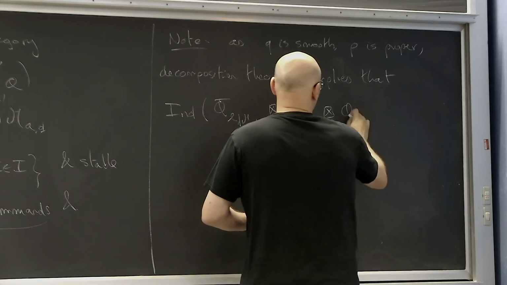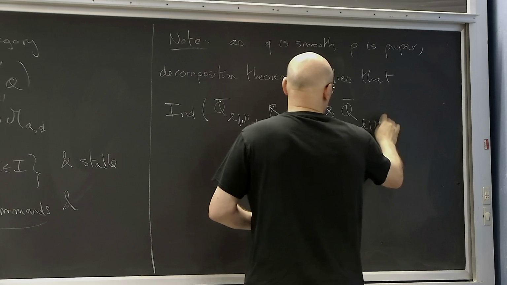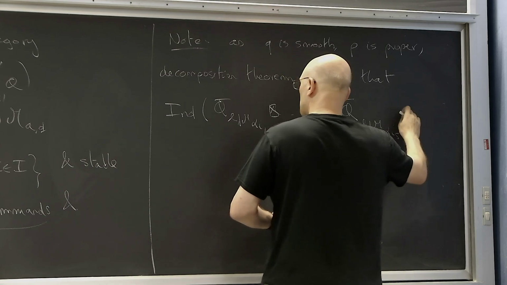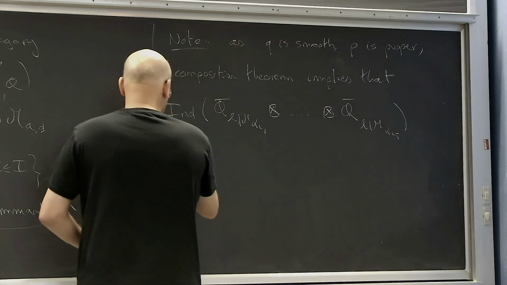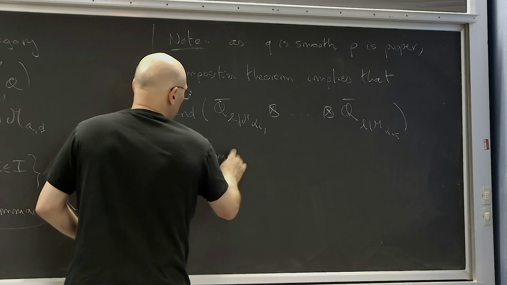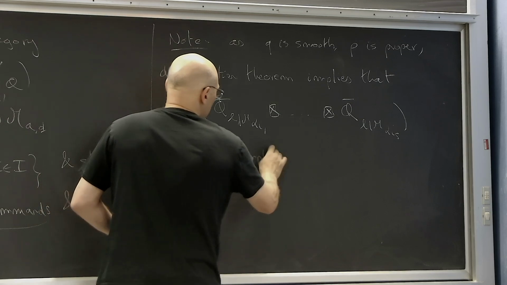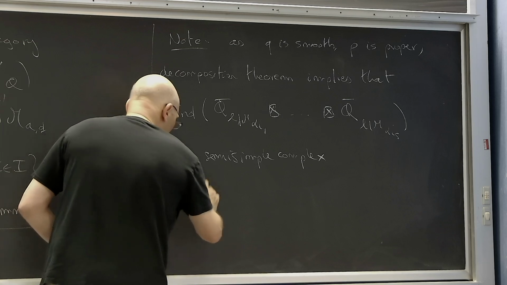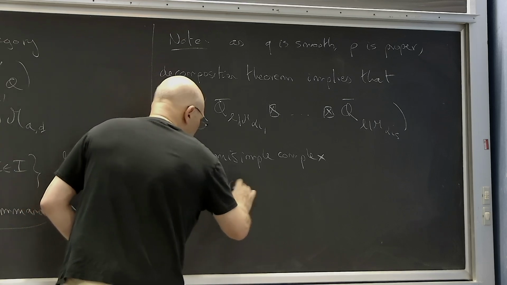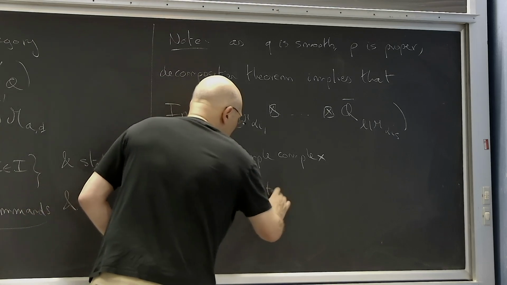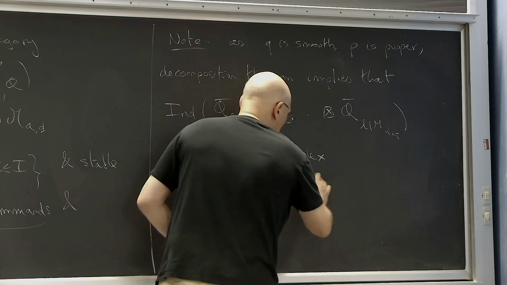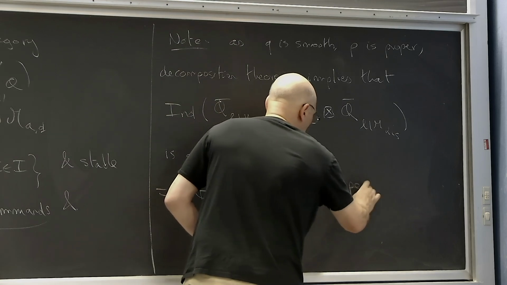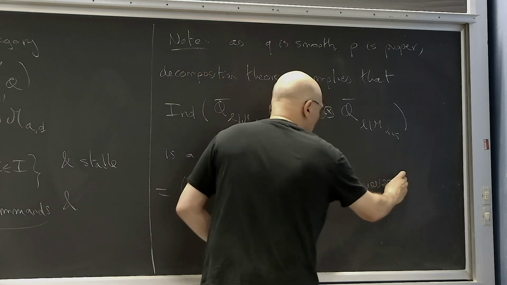So I look at all the possible monomials that I can get. Alpha IS is a semi-simple complex, which is a direct sum of shifts of simple perverse sheaves.